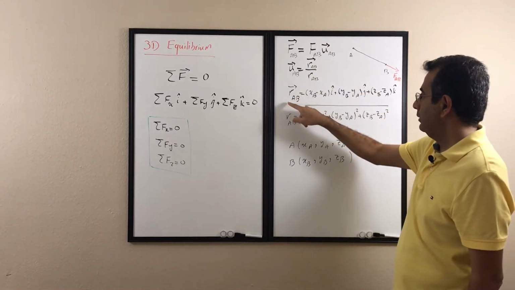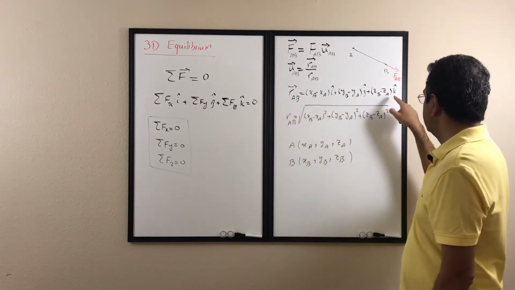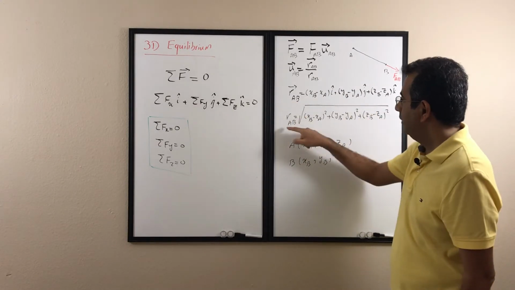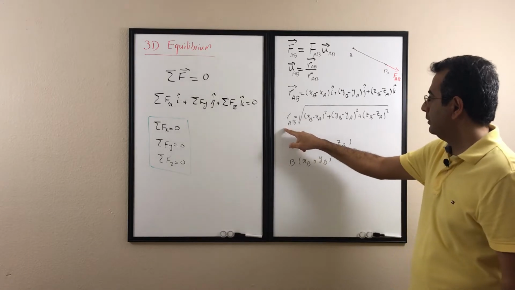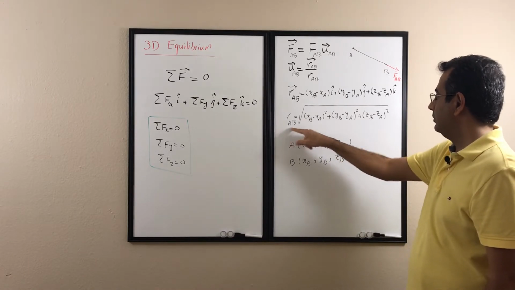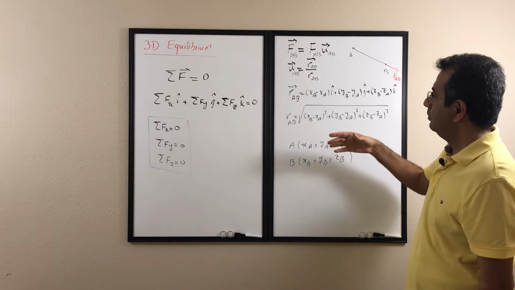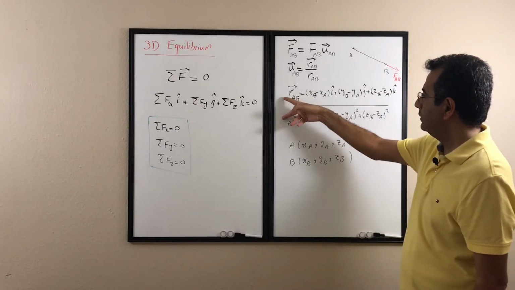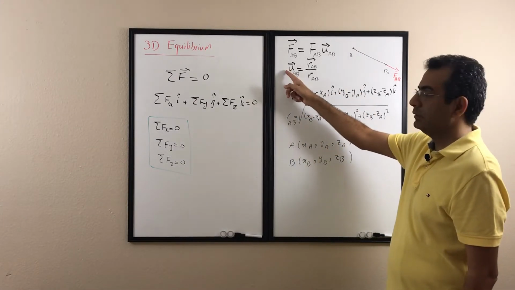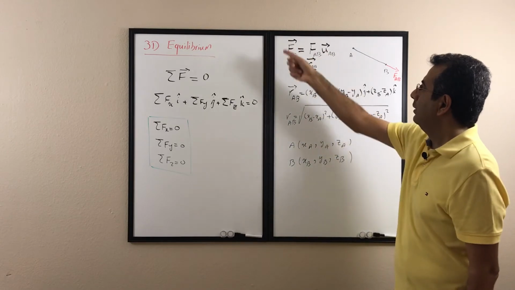The position vector of line AB is calculated from here, and its magnitude is calculated here or here. So basically we go backward: we calculate these two first, then this one, and then we calculate the force.